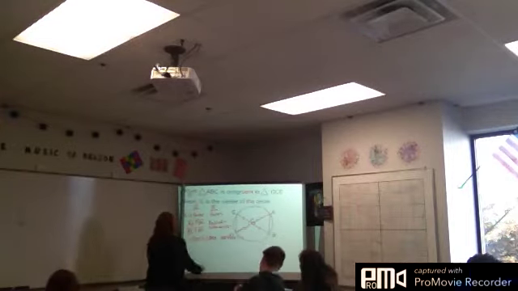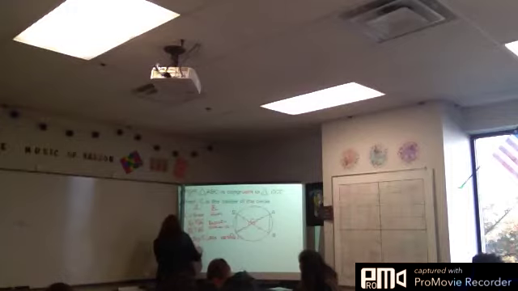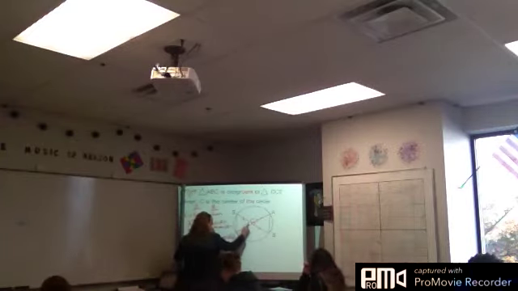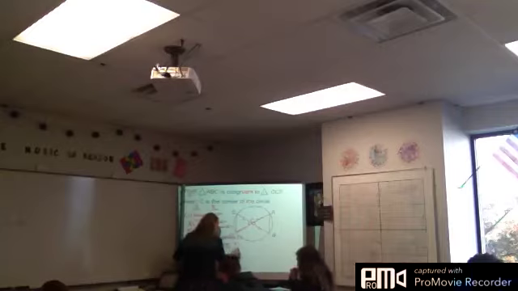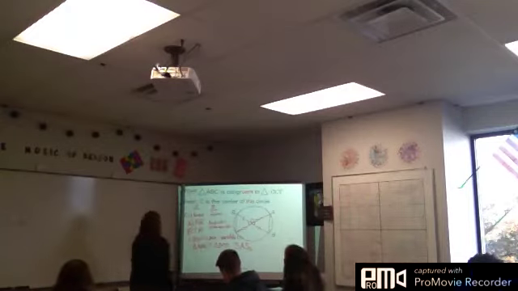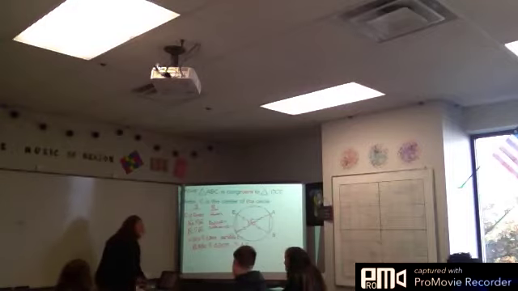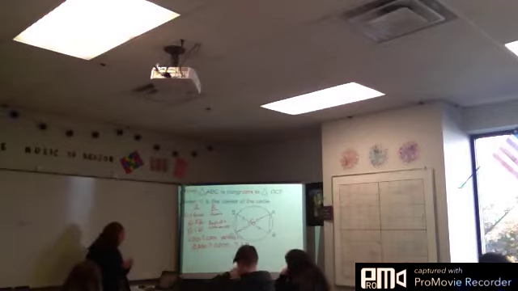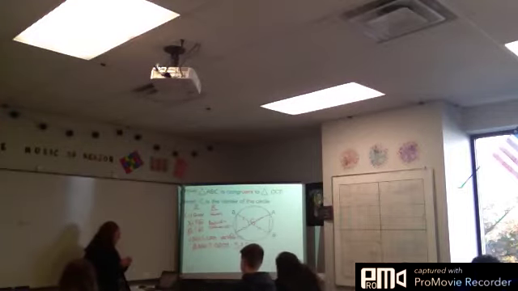Now, I can prove that triangle ABC is congruent to triangle DCE using side, angle, side. Oh, that's the Oreo. It is the Oreo. Okay, does that make sense right there? I mean, now that we spelled it out. Okay. So you have side, angle, side on that.